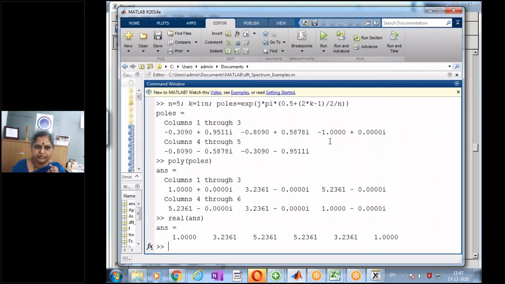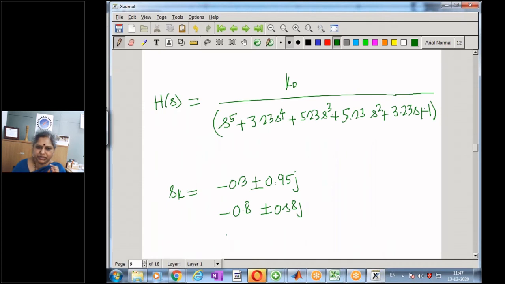And that's one pole at s equal to minus 1, because it is the fifth order. So one real pole, and this is how we have this.